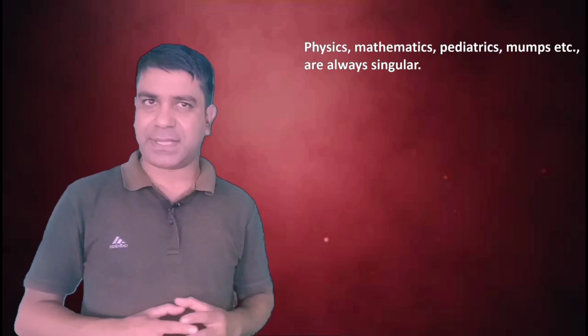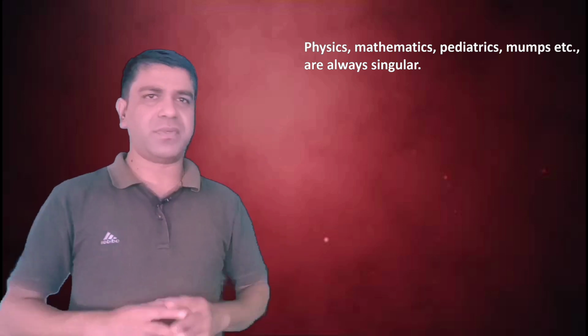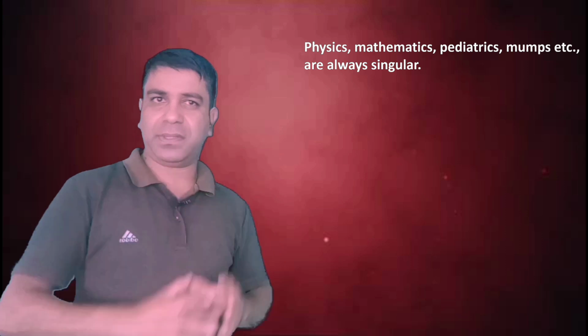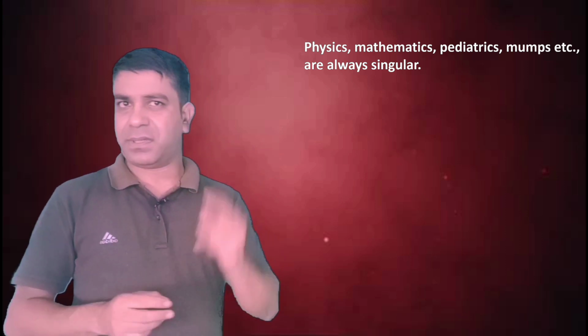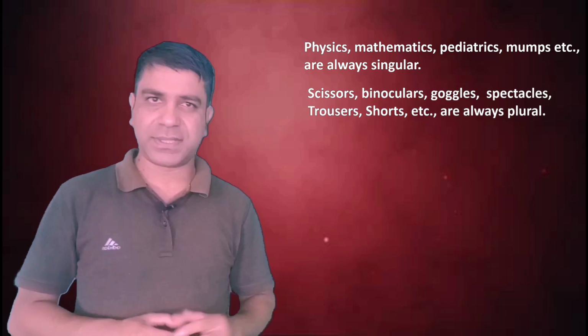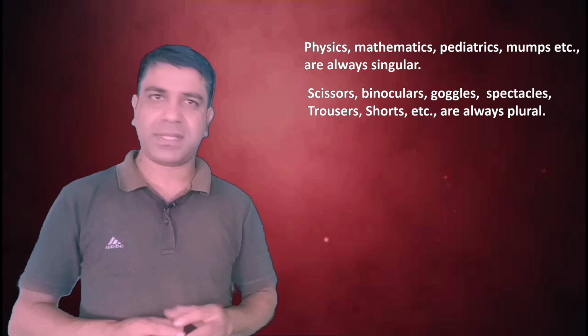Some nouns are always singular. We must use singular verbs with them. For example, physics, mathematics, pediatrics, mumps, etc. Some nouns are always considered plural. We must use plural verbs with them. For example, scissors, binoculars, goggles, spectacles, trousers, shorts, etc. Do not say, my trouser is long.